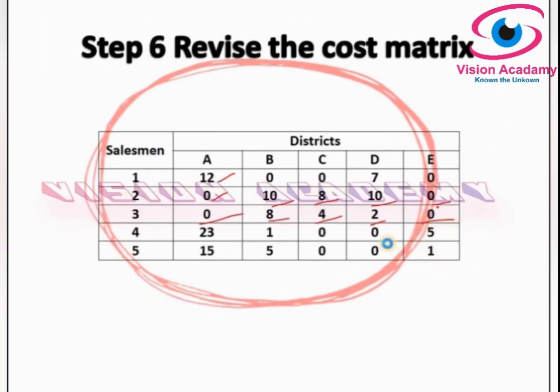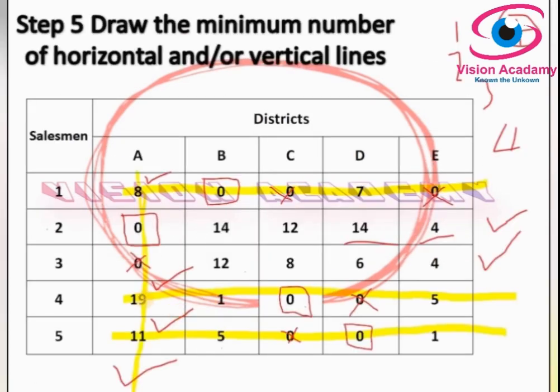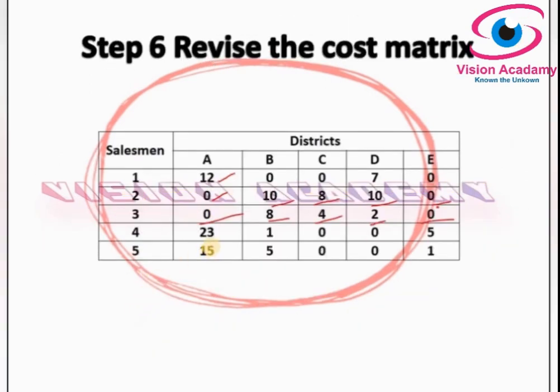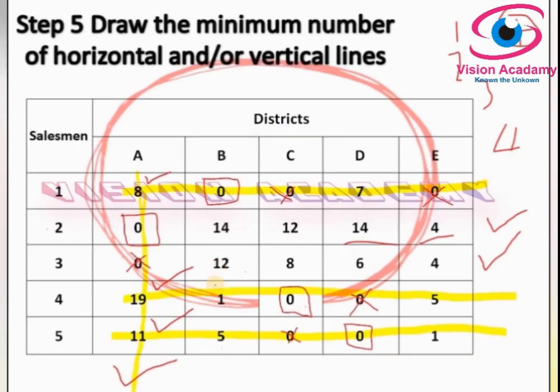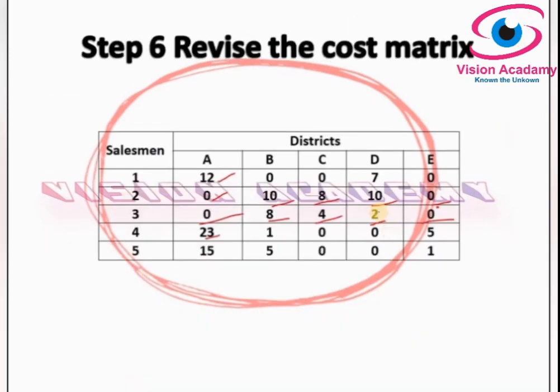Okay, next, 19 is an intersection. In the intersection we should add that smallest element. 19 plus 4, which means 23, and the rest of the values will remain the same because those things are covered by lines. So 1, 0, 0, 5.